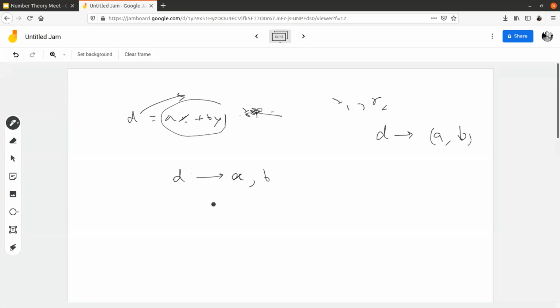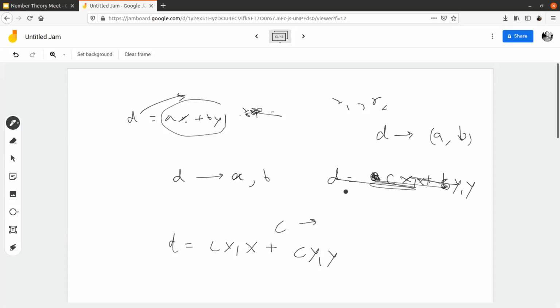Let us consider a certain common divisor of A and B. Let C be our common divisor of A and B. So you have D is equal to Cx1x plus Cy1y.